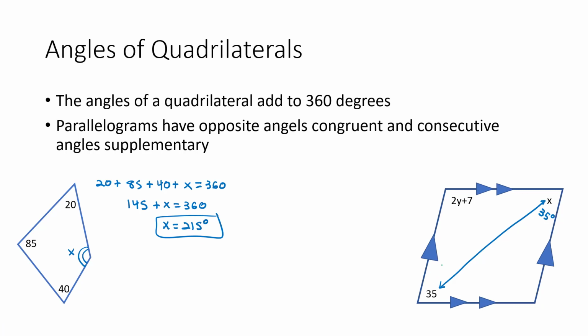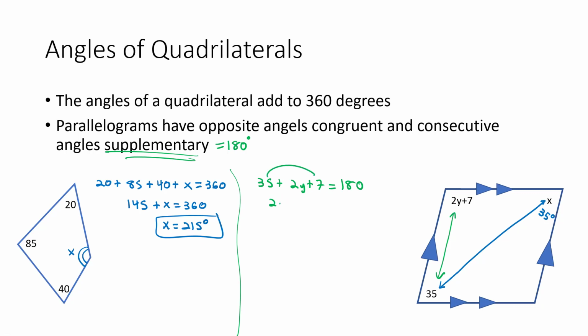The other thing we know is consecutive angles right next to each other are supplementary. That means they're going to add up to 180 degrees. So let's add them together. The 35 plus the 2y plus 7 have to add up to 180 degrees. They have to be supplementary angles.